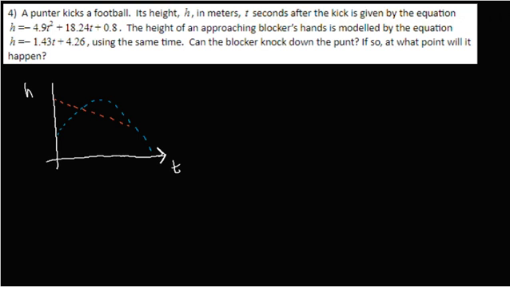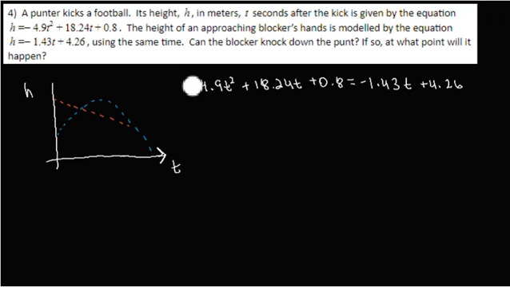And will the blocker knock the punt down? If he's going to knock it down, they've got to be at the same height at the same time. So we're just setting these equal. We have negative 4.9 t squared plus 18.24t plus 0.8 equaling negative 1.43t plus 4.26.